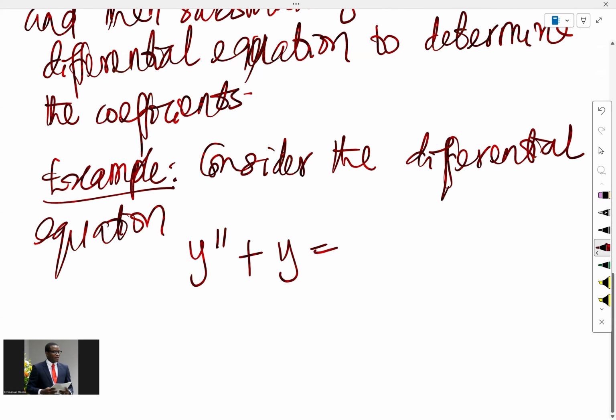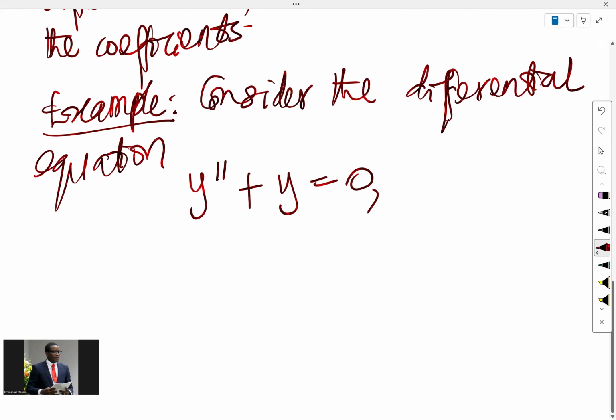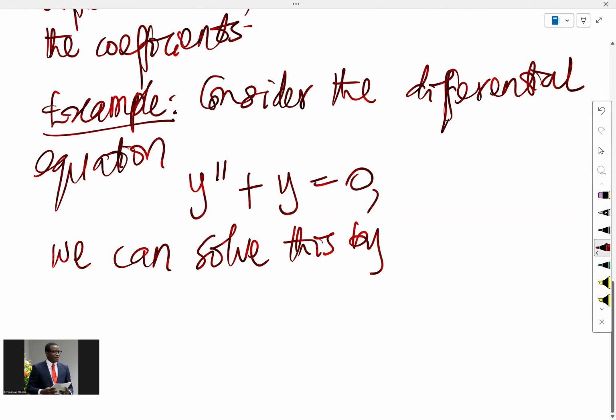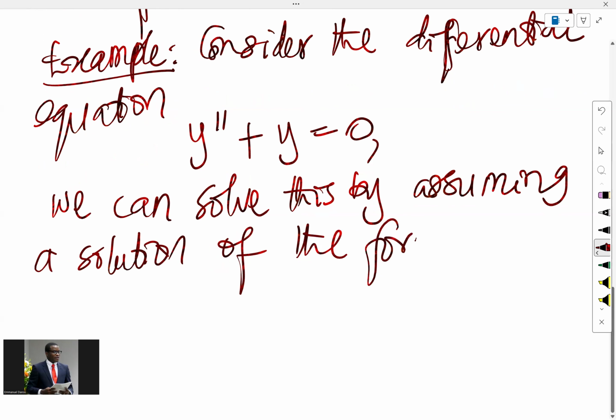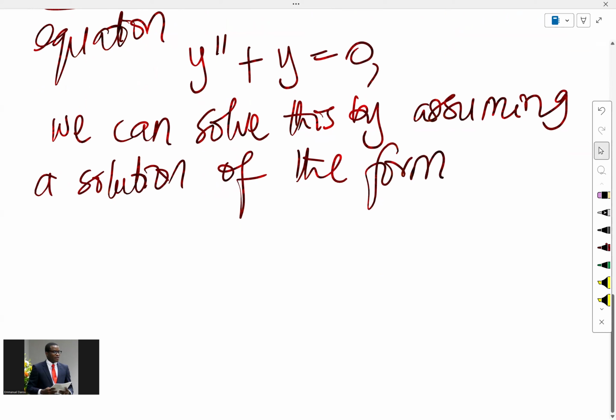We can solve this by assuming a solution of the form y(x). Of course the solution to this differential equation will be two values, y1 and y2. Then we can take this series form as a possible solution to it.